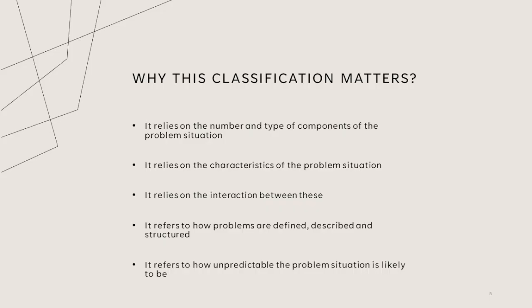It refers to how problems are defined, described, and structured, and also to how unpredictable the problem situation is likely to be. So that's why this classification is very important to consider.